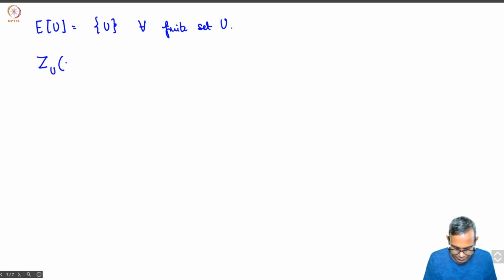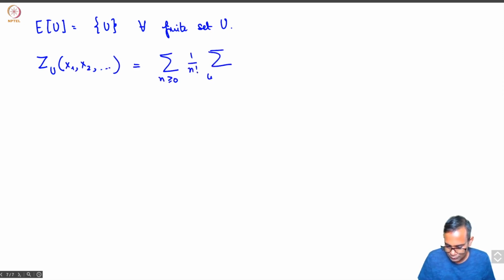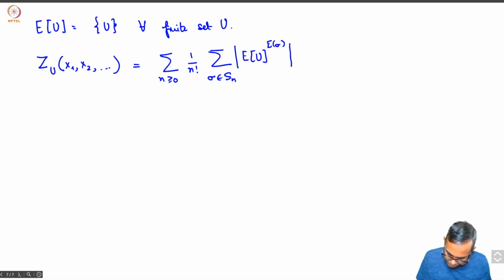So Z_E by definition is the sum over n greater than or equal to 0, 1 over n factorial, summation sigma in Sn, and then we must take E of U, that's just a singleton set, E of sigma, fixed points, well that's still going to be a singleton, and then we have product over i greater than or equal to 1 xi to the power sigma i. So this is just 1 and we don't need to bother about it.